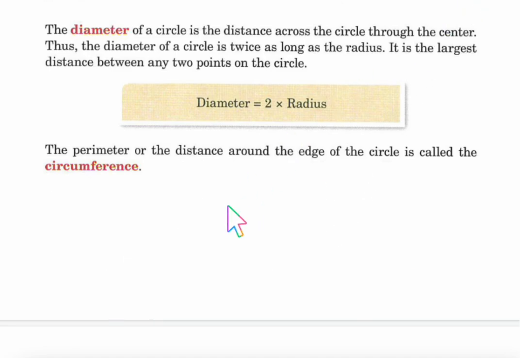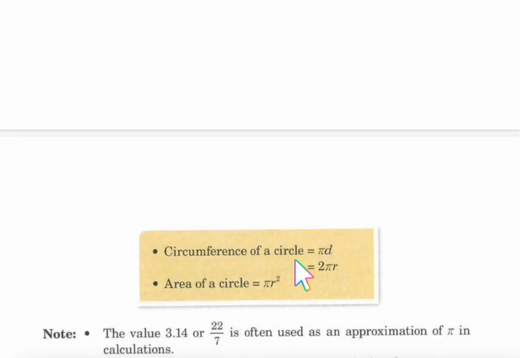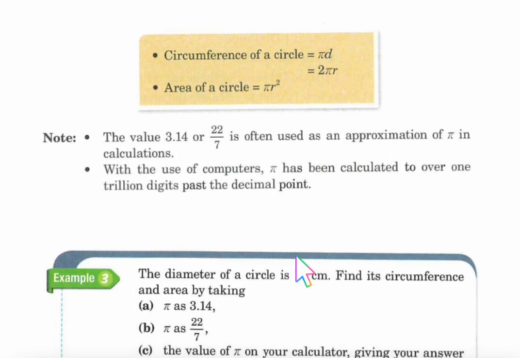Okay, let's take a look at some formulas. How do we actually calculate this stuff? To find circumference of a circle, or also the perimeter, we can take pi and multiply that by the diameter. They wrote it as pi d because that's the symbol for pi, and d stands for diameter.